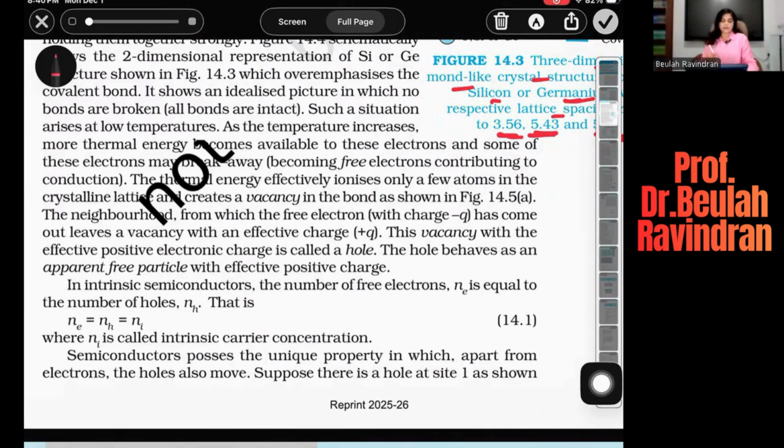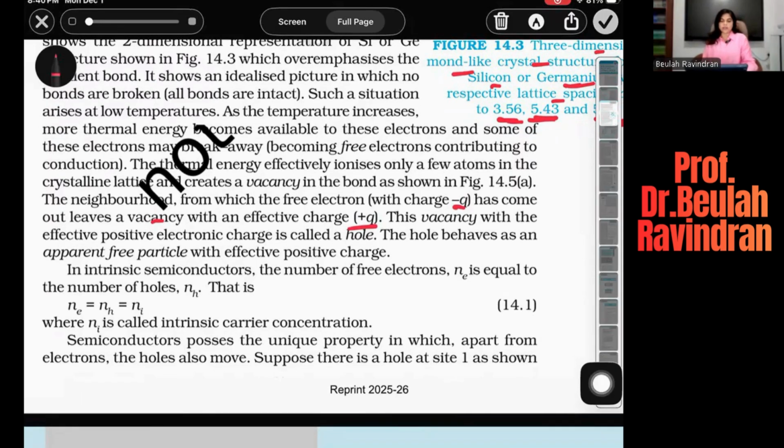The neighborhood from which the free electron of charge minus q has come out leaves a vacancy with an effective charge plus q. I will explain this. If an electron leaves from that site, that vacant site is known as the hole. I told you, right? The electrons and the holes must be learned in this semiconductor part.